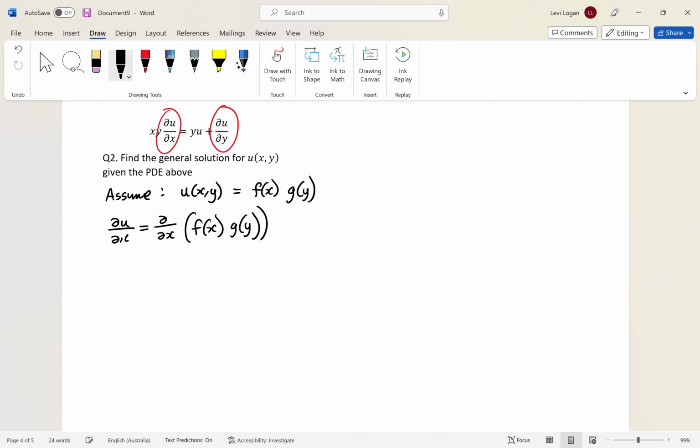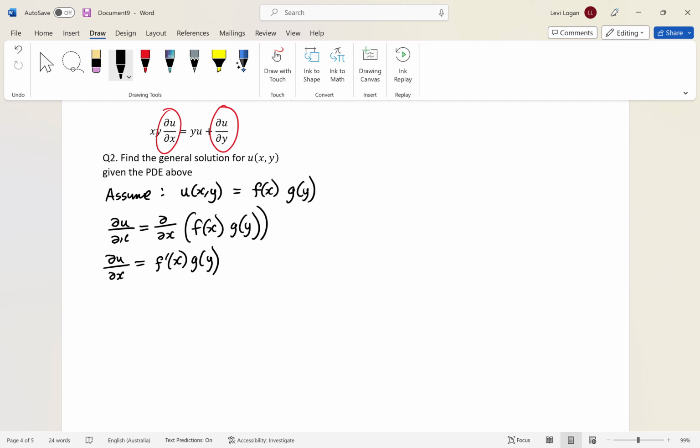Therefore, the partial derivative of u with respect to x is going to be equal to f prime of x times g of y. G of y isn't affected because it acts as a constant when you take a partial derivative with respect to x, but f of x is affected, of course, and differentiates to f prime of x, which is our notation for the first derivative of f of x.